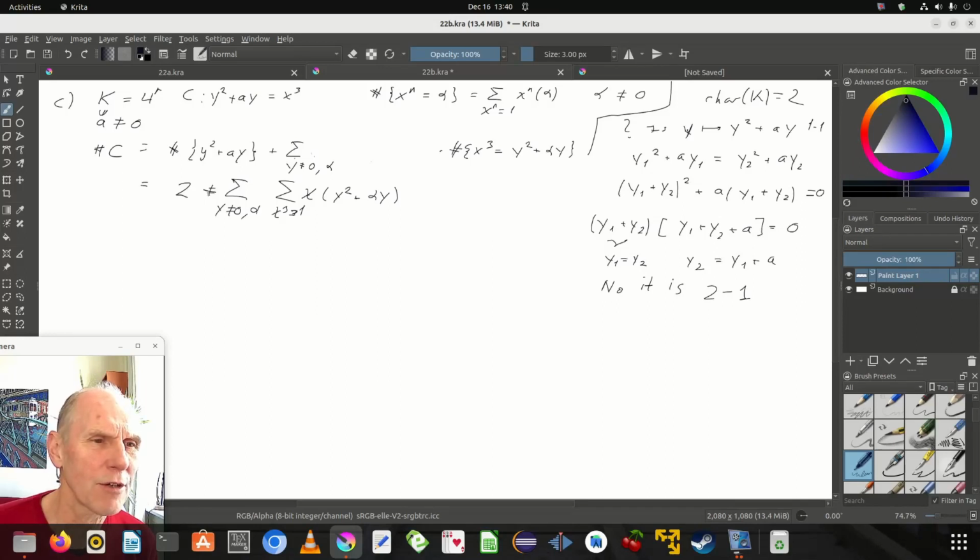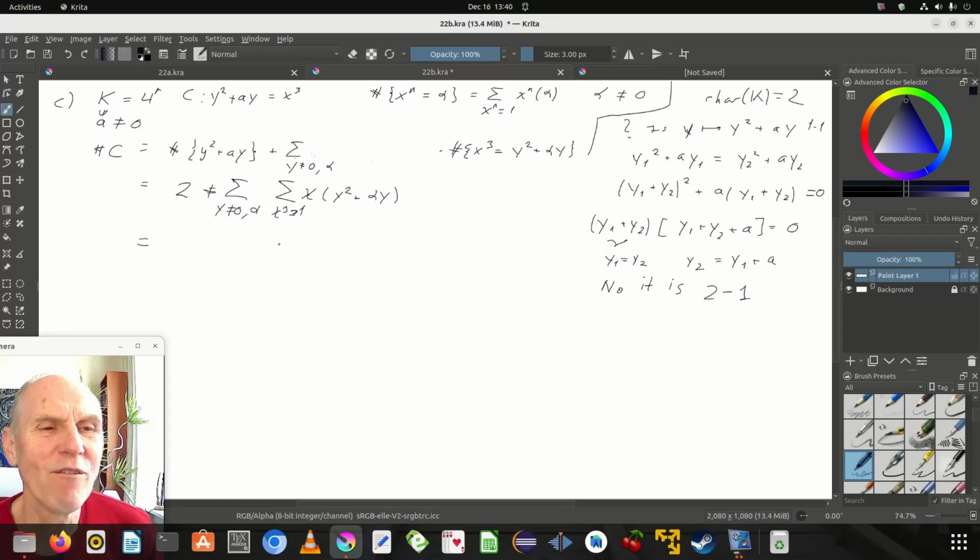And that's a plus. And this is where I need to be very careful. Well, in these two cases, this vanishes anyway, so we can remove that condition and sum over all y's.